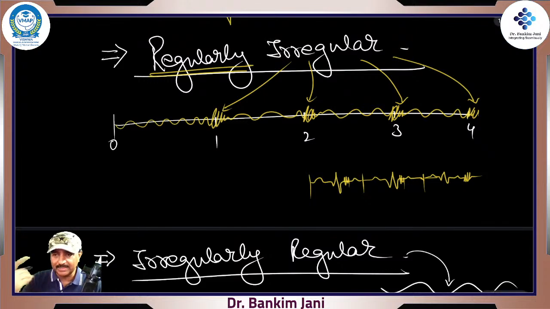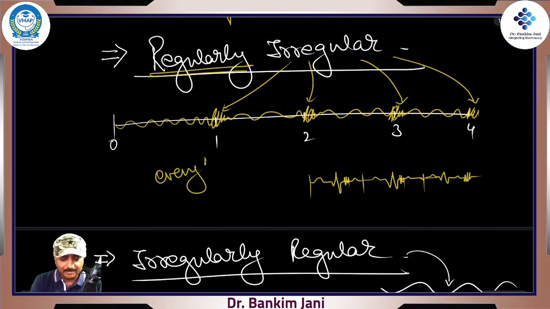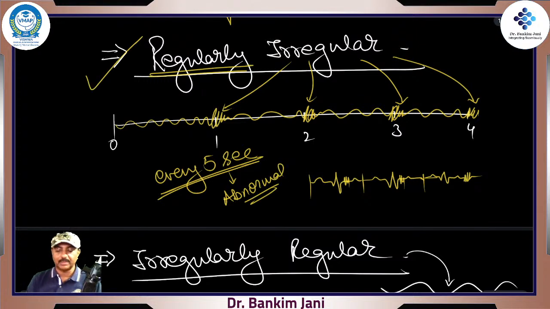It could be missing a beat, right? So every 5 seconds, if one beat is missed. So when it is like every 5 seconds, this is a perfect, regular time, right? And there is some abnormality. Something is becoming abnormal. So that is what is called regularly irregular, right? Be crystal clear in that, where the time scale is fixed.